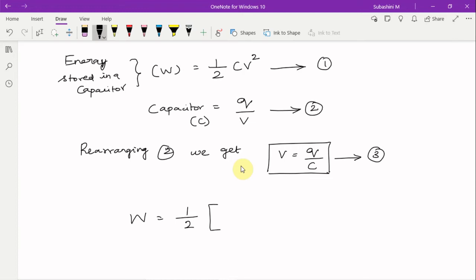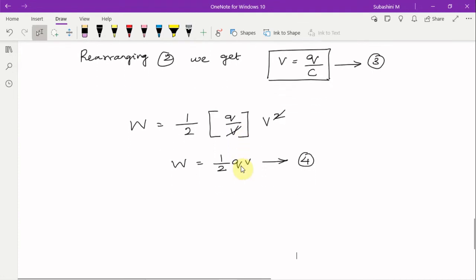Instead of C, we are going to apply Q by V into V square. Now this square and 1 V will be cancelled. Now we will be having the equation as half Q into V. Let this be the fourth equation.